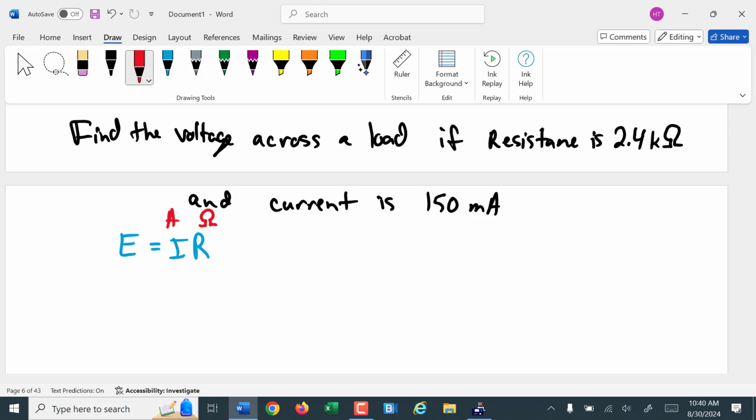So in our formula for Ohm's law, E equals IR, the current has to be in just amps and the resistance has to be in ohms.